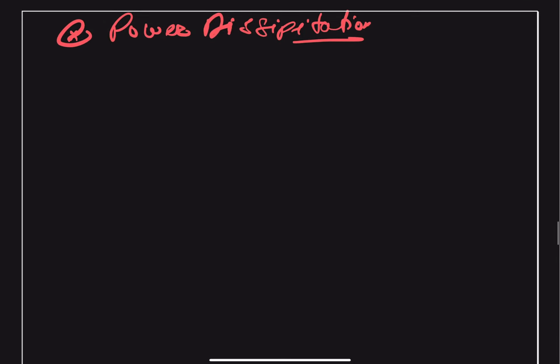So this is something like this. We have here our R1, and this is our bar L, and we have here R2. Suppose the current flowing through R1 is I1 and through R2 is I2, and as they are in parallel, the induced EMF will be the same, that is E.